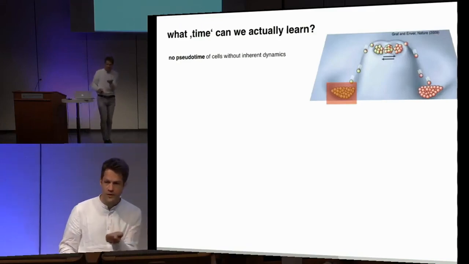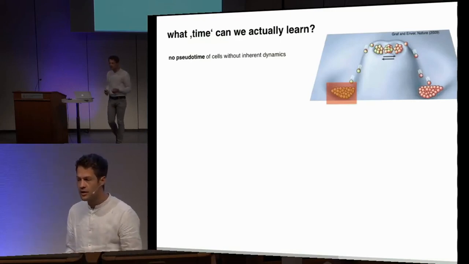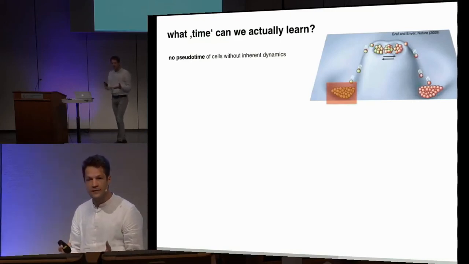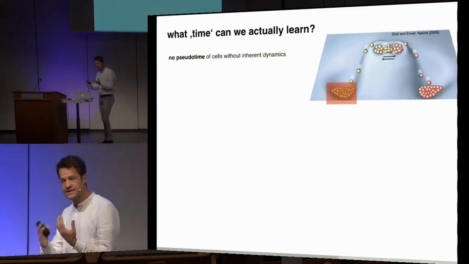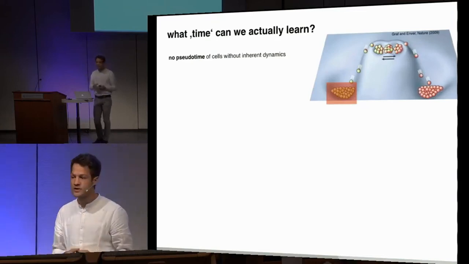I think whenever we come up with a method, it would be a good idea to ask ourselves what we can actually learn. And it turns out, obviously, if our process is in some type of steady state, you might not be able to learn something about growth or something like that.